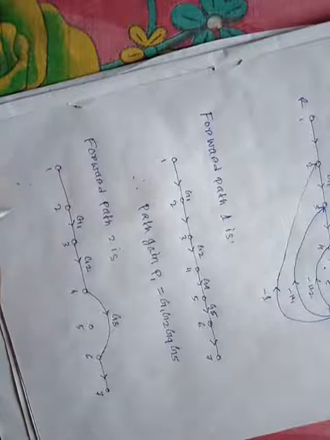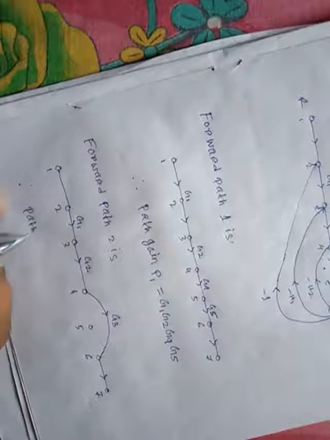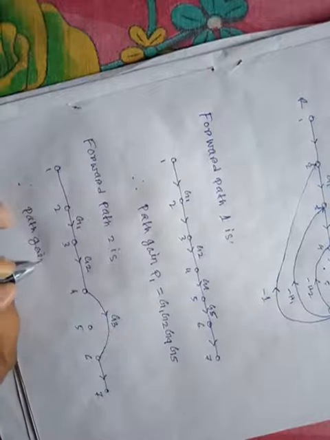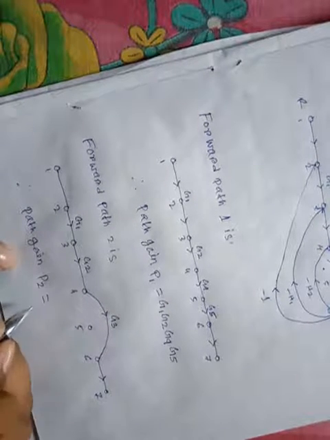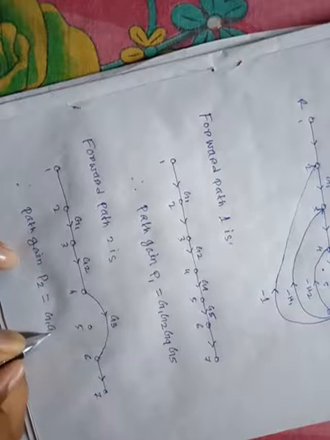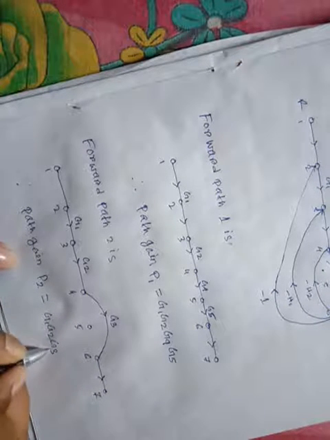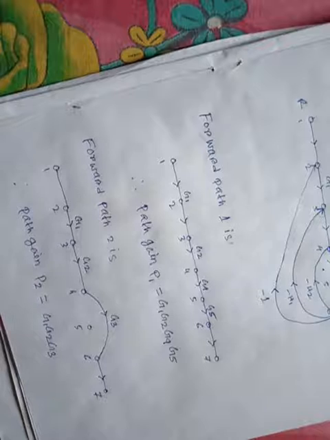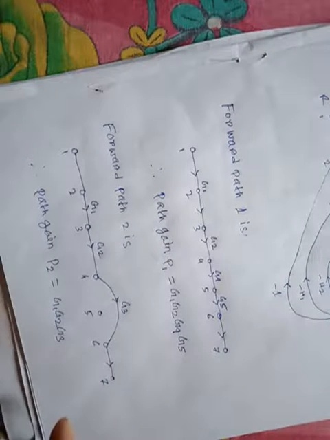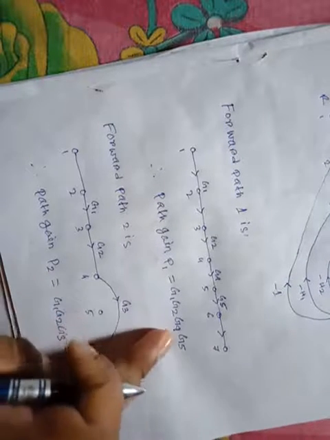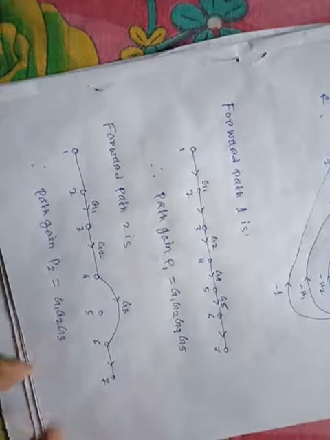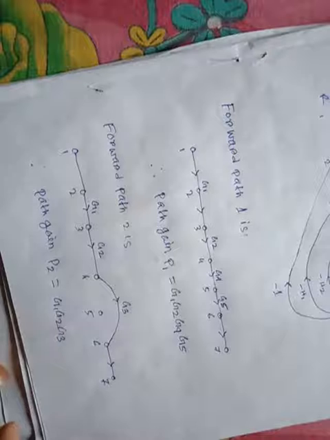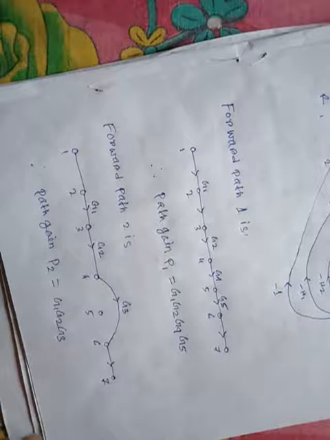The path gain P2 is equal to G1 G2 G3. So here are the two forward paths and two path gains. The second step is we will find out the loop gains.